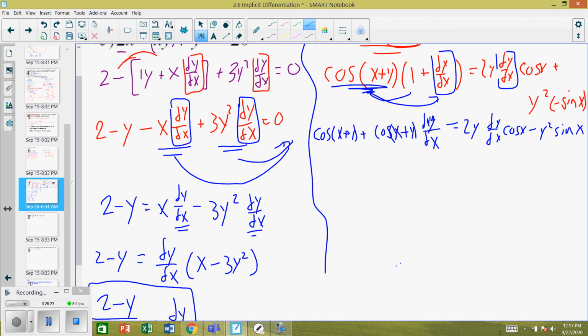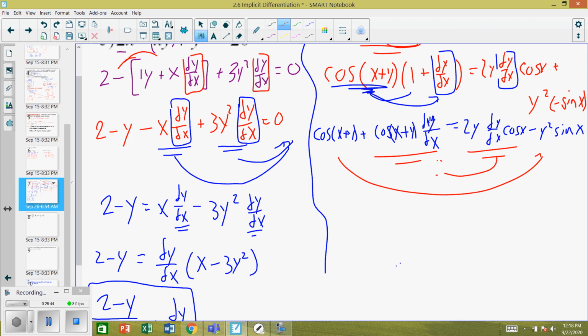Now, everything's distributed out, and I have this term with a dy over dx and this term with a dy over dx, and I'm going to get all those to one side. So I'm going to bring this one over here, and this quantity over here, so everything's on the same side.